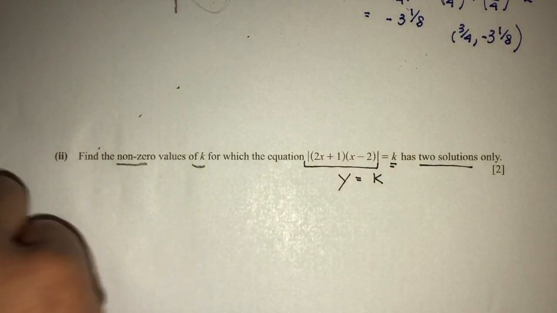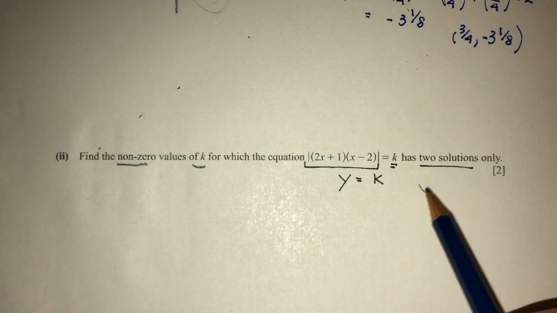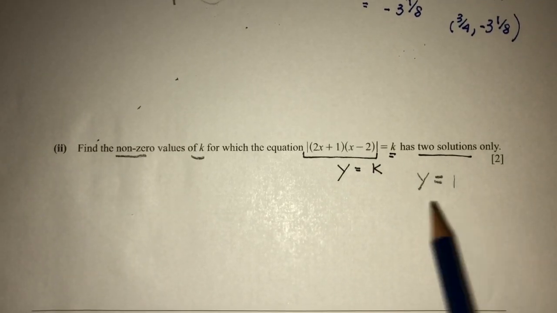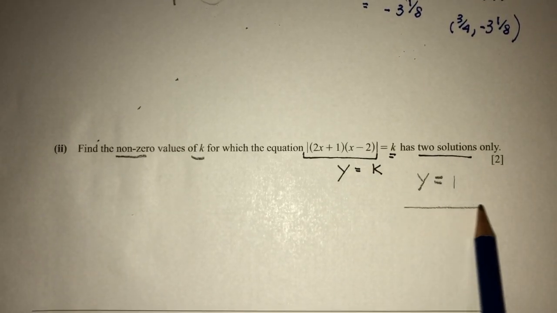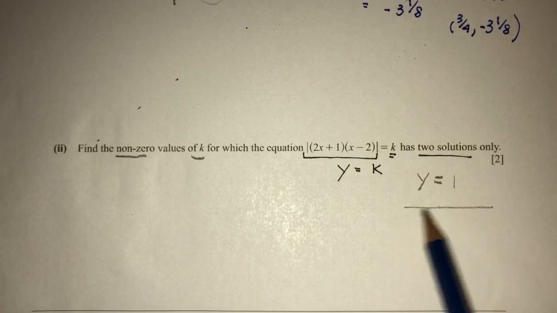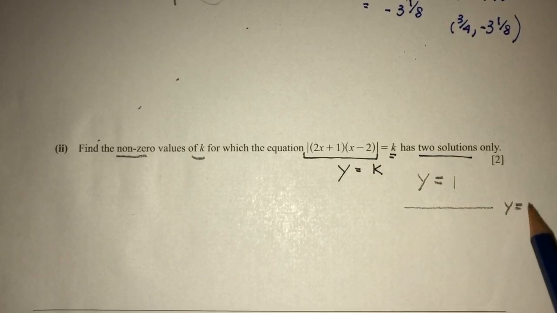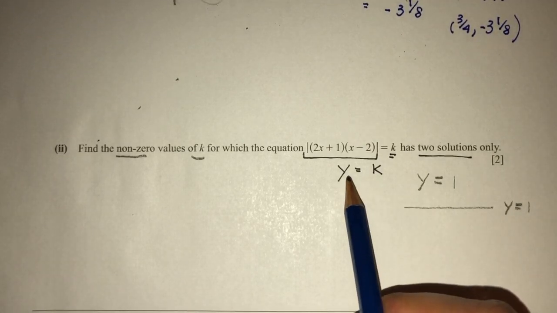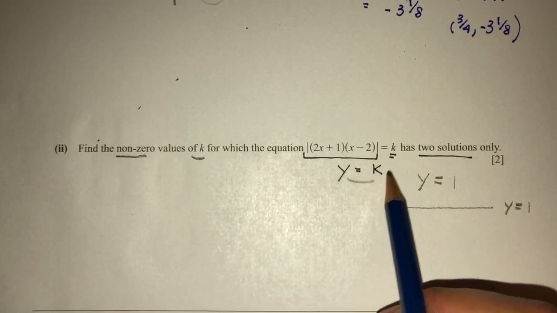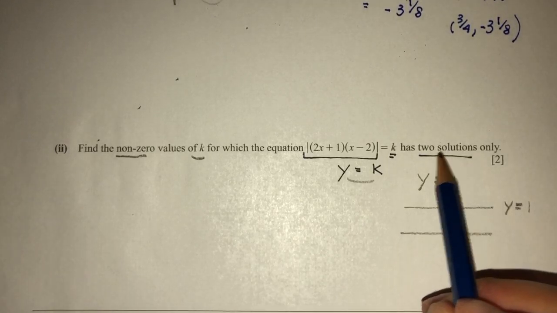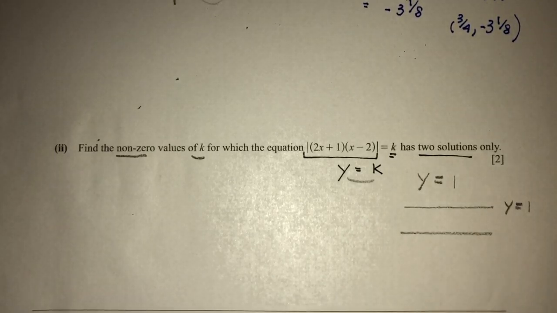Now, what is y equal to a constant? For example, what is y equal to 1? Y equal to 1 is a horizontal line. Now, so it is a horizontal line at the value of y equal to 1. Now we are trying to find for what values of k our horizontal line would only have 2 solutions. Solutions mean 2 points of intersection.